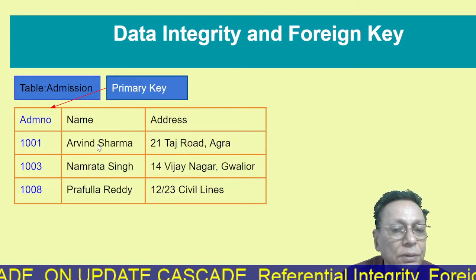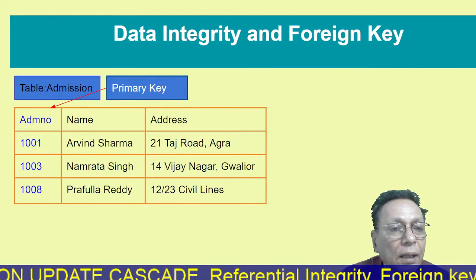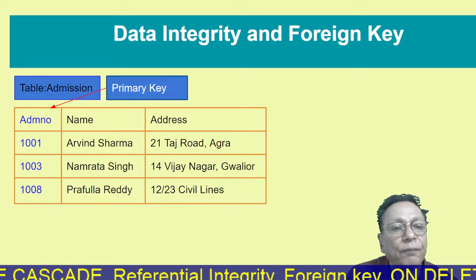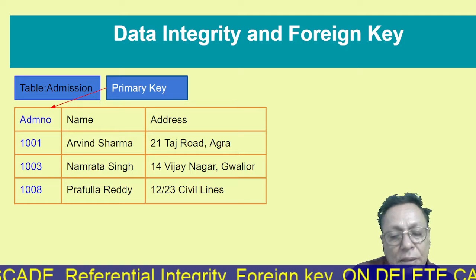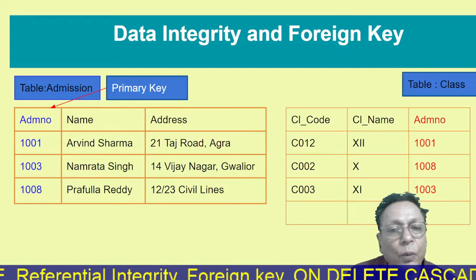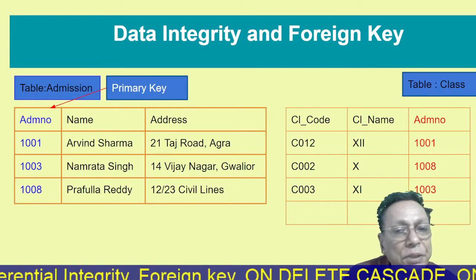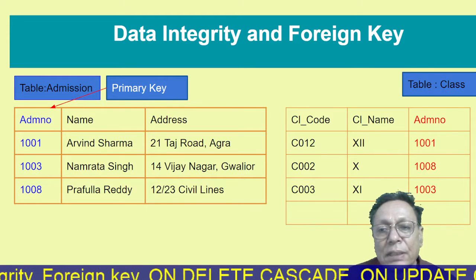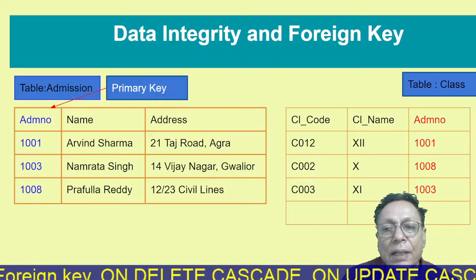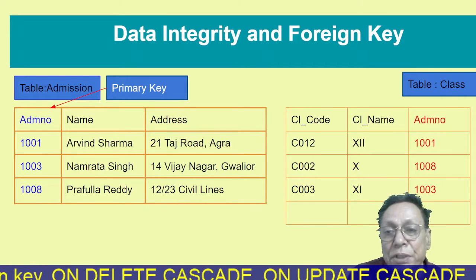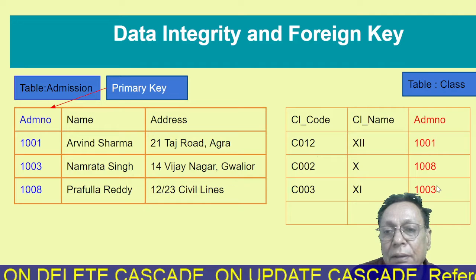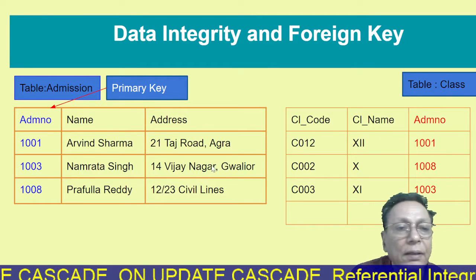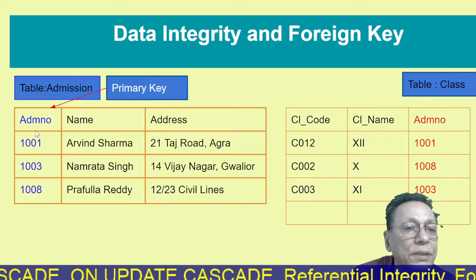So here also this is the unique key, and the same key, when the child goes to the class, will get the reference from the table admission. And here in the class table, you see class code, class name, and admission number. So admission number here is the foreign key. It is referring to the admission number of the admission table.